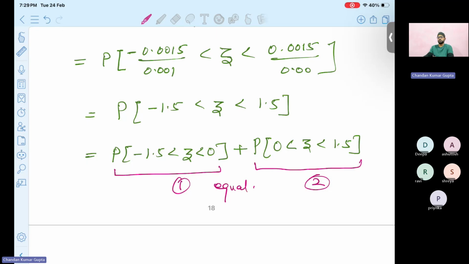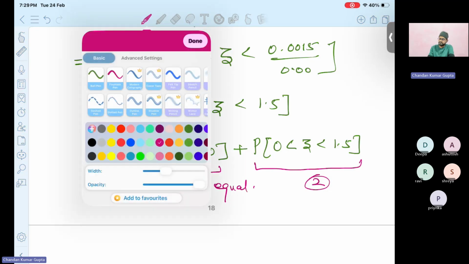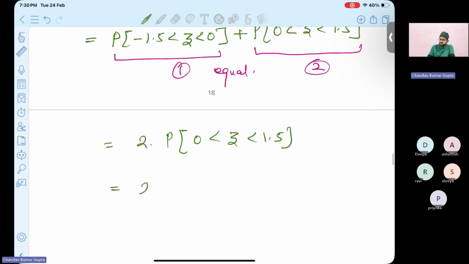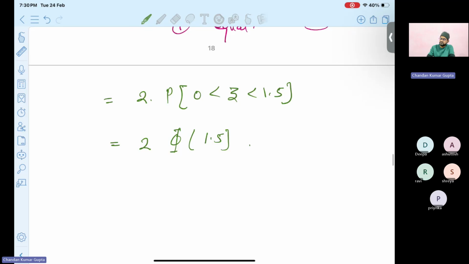That is the property of the normal distribution. So we can write it as 2 times the probability of 0 to z to 1.5, because the table has positive values only. So it is twice phi of 1.5.